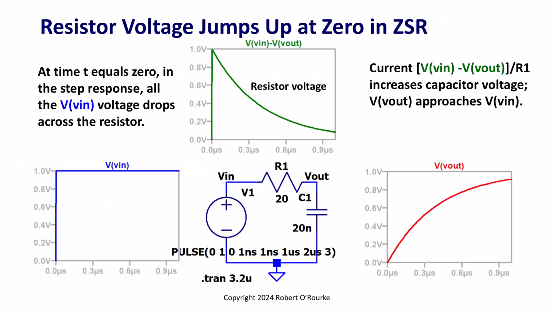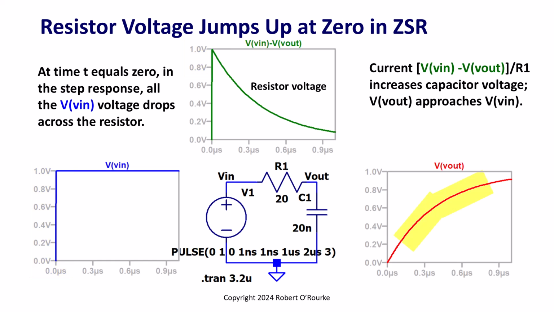This means that for step response, at the starting instant of the rising edge of the input voltage, all the V sub in voltage drops completely across the resistor because the capacitor voltage cannot be changed instantaneously.